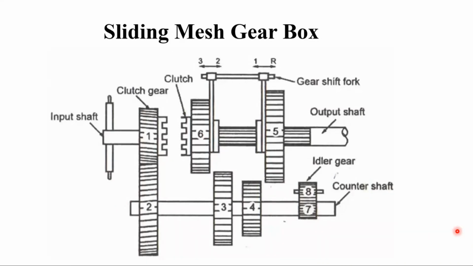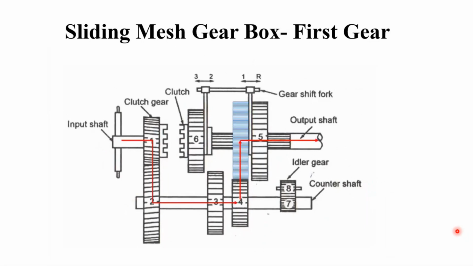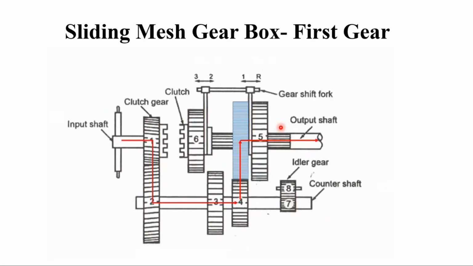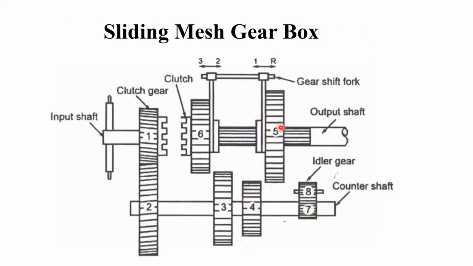Now, in the first gear, you see here, what happens? It moves towards the left, which means gear 5 will move left.